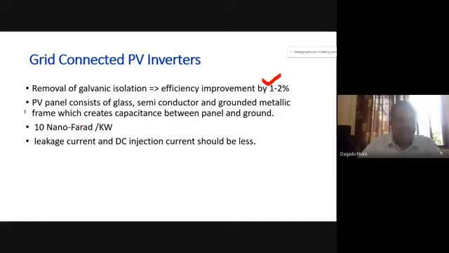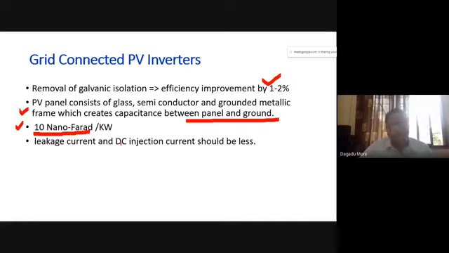That is a very important issue in solar PV panels. The value increases as the number of panels increases. About 10 nanofarad per kilowatt is the approximate value of this capacitance between the panel and ground.